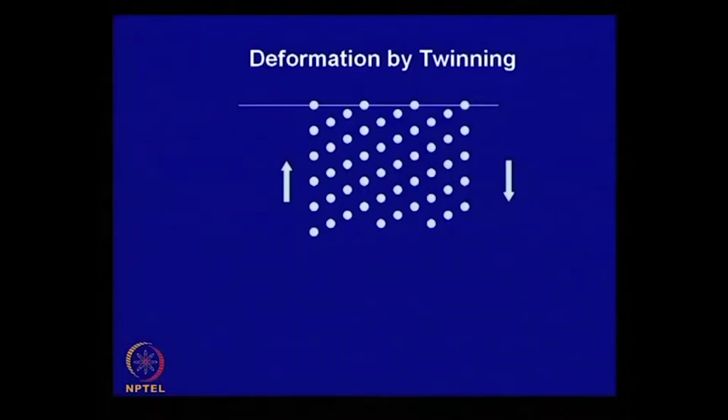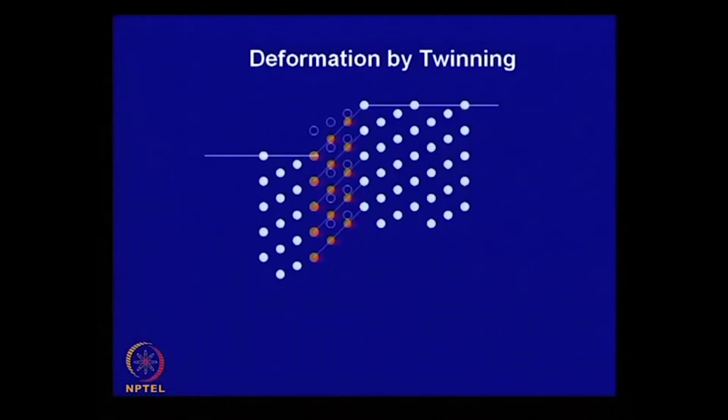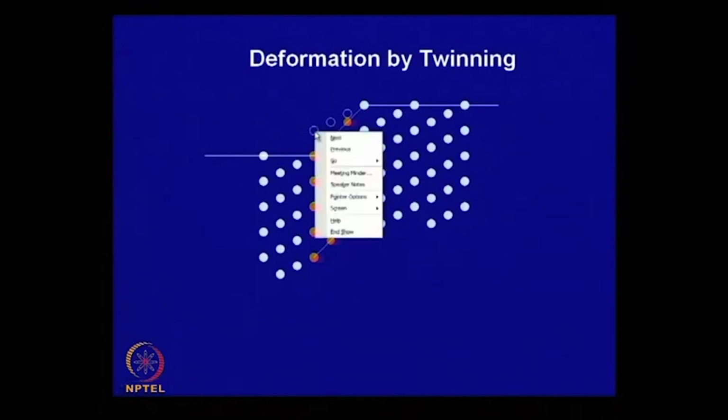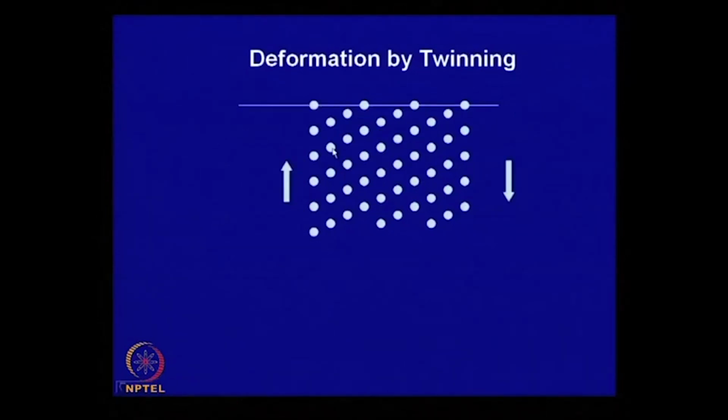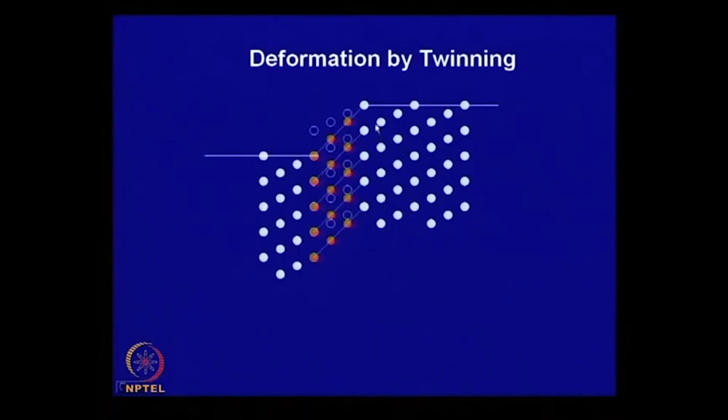Now, let us look at this process. You can see these are the original positions, and on this plane a part of this crystal takes up a different orientation. This is the original position of the atom.